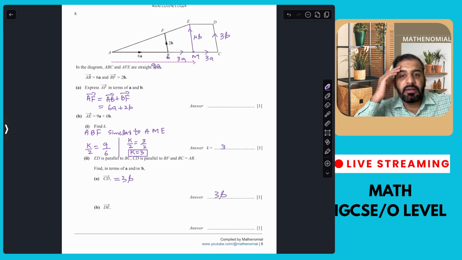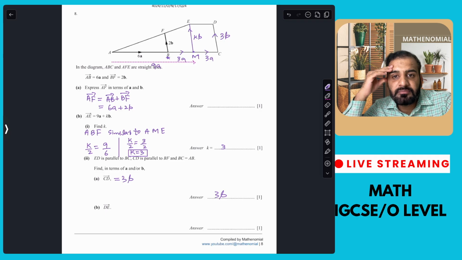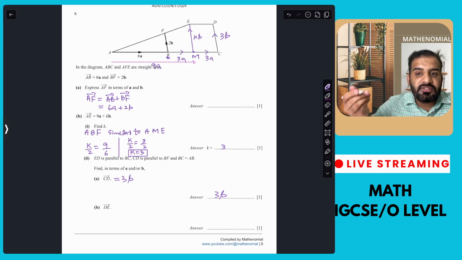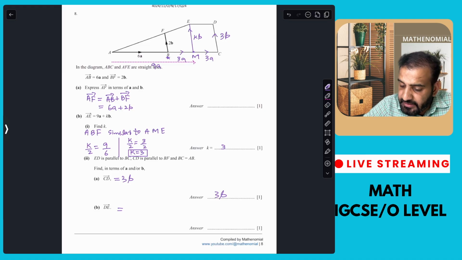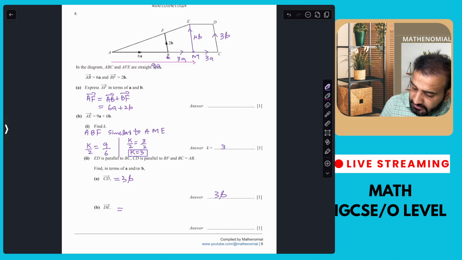The last is DE. As I said, DE is just negative 3a. There are a lot of ways to calculate DE if you want, like let's go from D to C, then C to A, then A to E. So let's see what will happen.